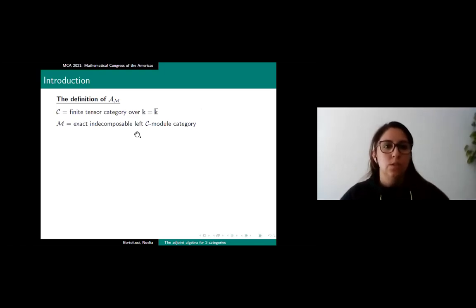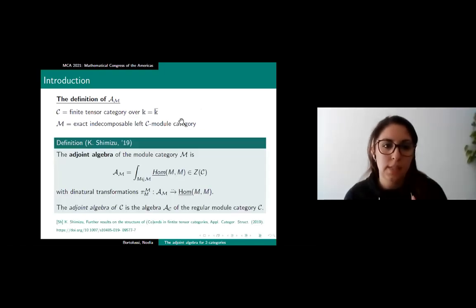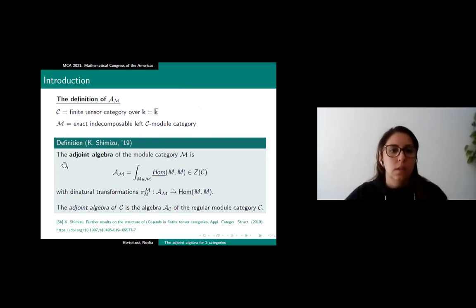The definition of the adjoint algebra for M was given by Kenichi Shimizu in 2019 and is the following. The adjoint algebra for such a module category M is defined as the end of the internal Hom between M and M, for M in the module category. And this is an object in the center of the tensor category.